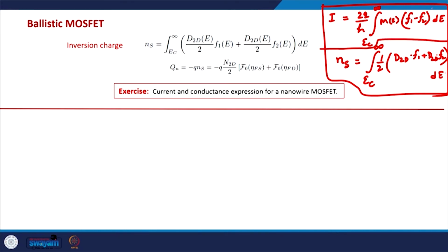Okay, and ultimately, while solving these integrals, they are converted into Fermi-Dirac integrals of various orders.